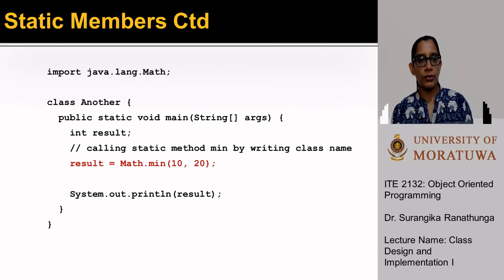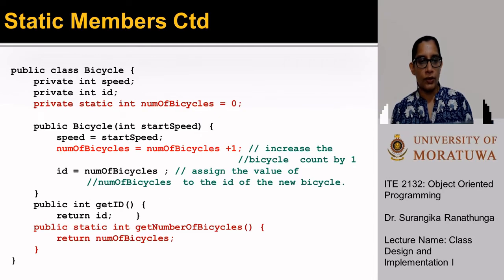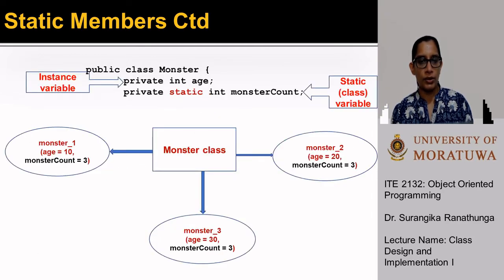Another very important use of static members is when a method does not deal with any instance attributes of that class. If a method uses an instance variable like age, that method depends on the object that has been created, because that value depends on the object.